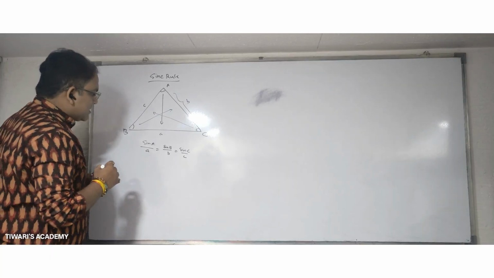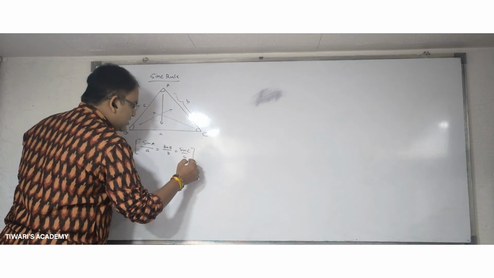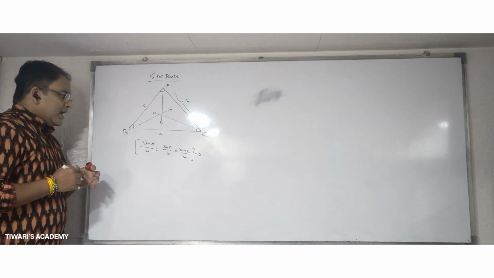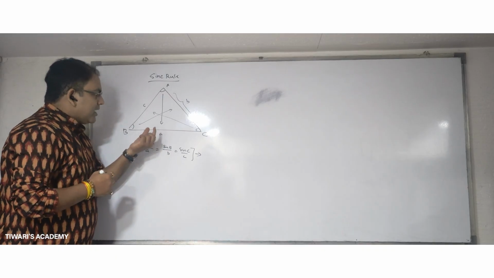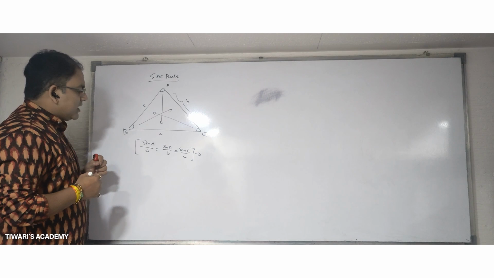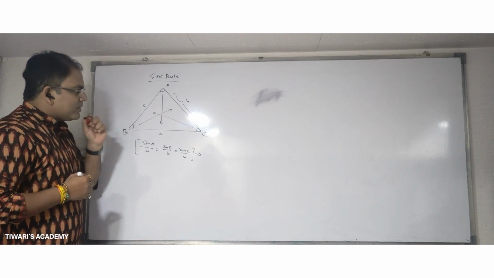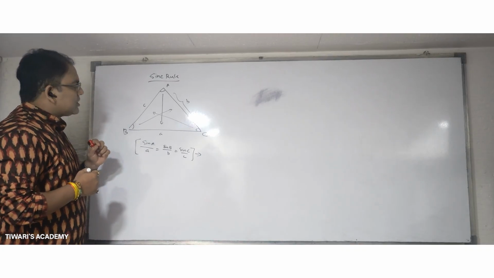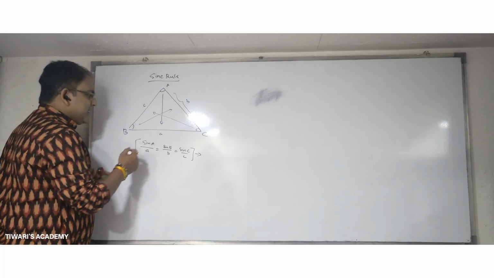Now, you must be wondering how this rule works. The reason why I wrote small a, small b, small c is just to indicate that the side opposite to angle A is basically BC.